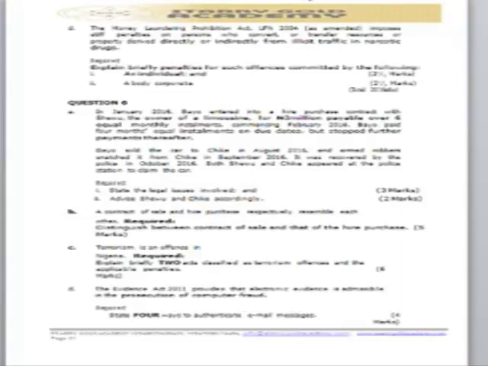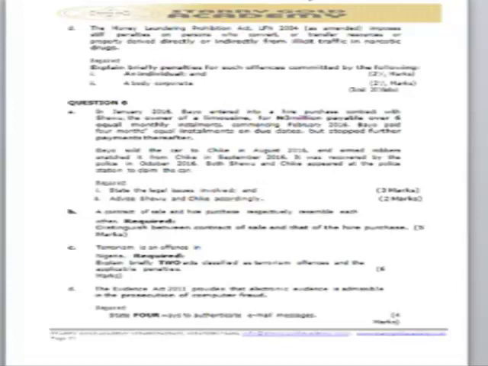Bayo sold the car to Shike in August 2016, and armed robbers snatched it from Shike in September 2016. It was recovered by police in October 2016. Both Shehu and Shike appear at the police station to claim the car. Required: state the legal issue involved, and advise Shehu and Shike accordingly.